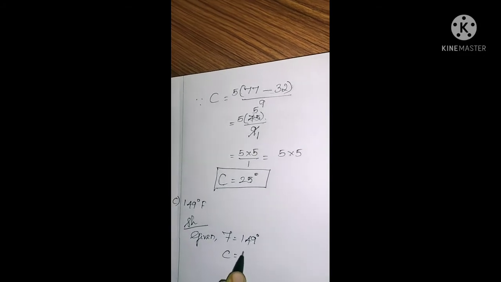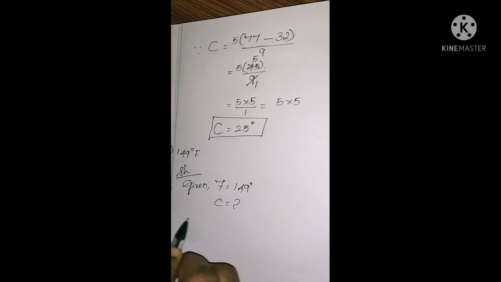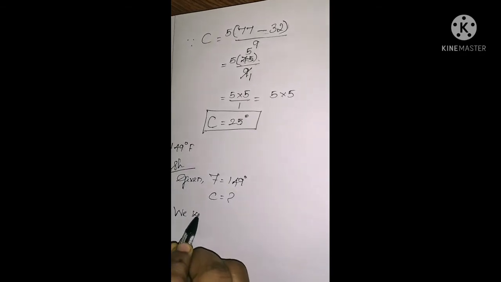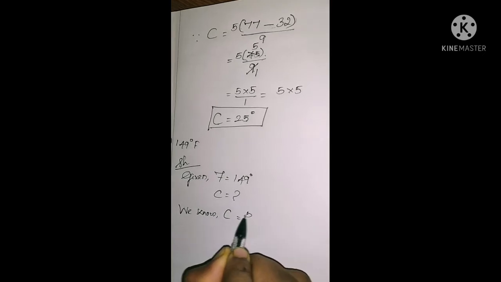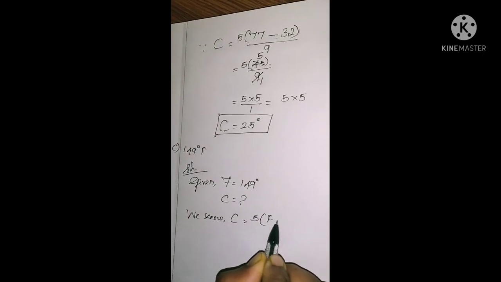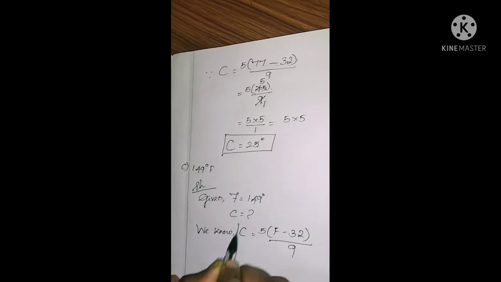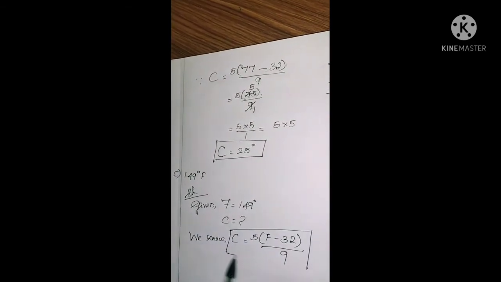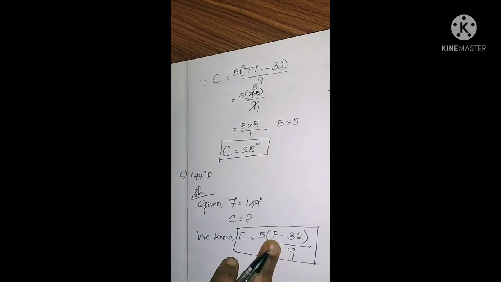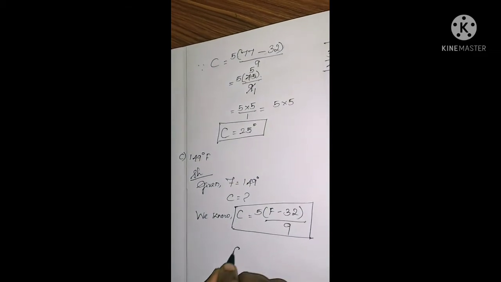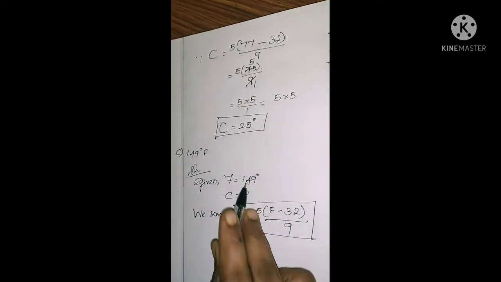Here they are asking the value of C. We know the formula, C is equal to 5 into F minus 32 divided by 9. Now you just want to substitute this value in this formula. So C is equal to 5 into, what's the F value given in the question?